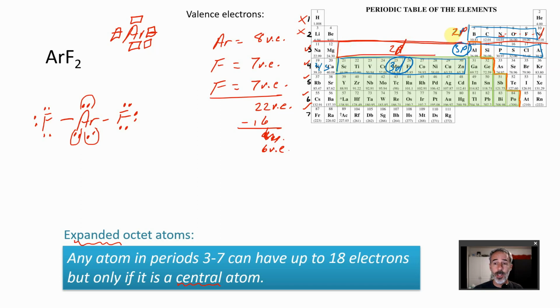And the answer is no, there are no 2d orbitals for it to pile in extra electrons. Unlike the ones that are in row 3, they have 3d orbitals to pile extra electrons in. If you're in row 4, the 4p's can pile electrons into the 4ds, and you get the point. So that's why any atom that's in period 3 through 7, in other words, it's not in period 1 or 2, can have an expanded octet. But you're never going to see carbon do it, or nitrogen do it, or any of those.